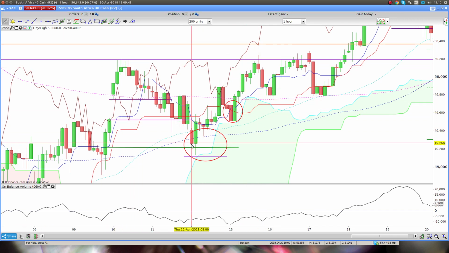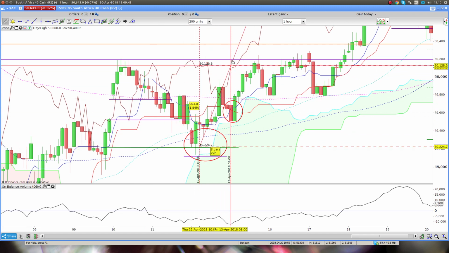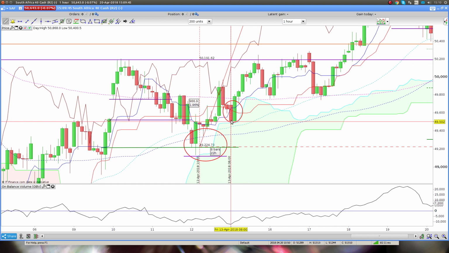So at this stage, let's say we took profit there. One trade would have been 970 points, okay? And the other trade, you would have been in here on this Brooks gap. You see the Brooks gap here. That would have been the most logical decision.